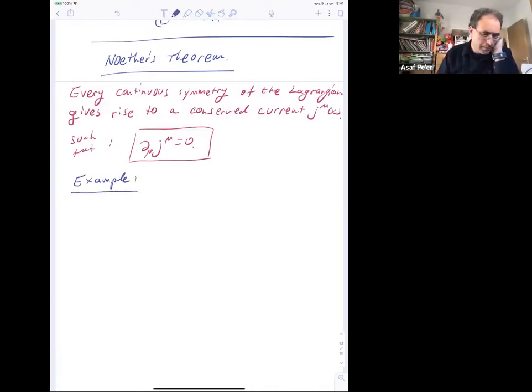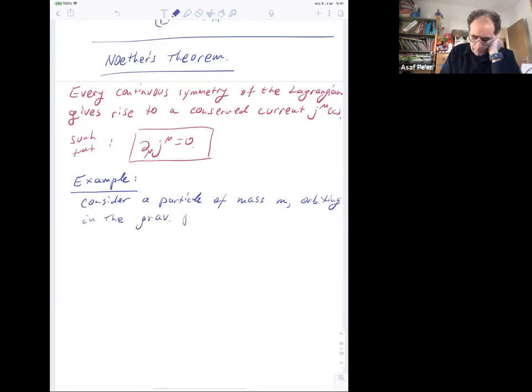Let's have a particle of mass m orbiting in the gravitational potential of a fixed body of mass capital M. So consider a particle of mass m orbiting in the gravitational potential of a fixed body, a satellite orbiting Earth.